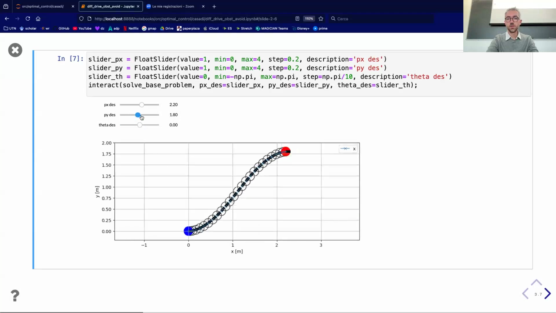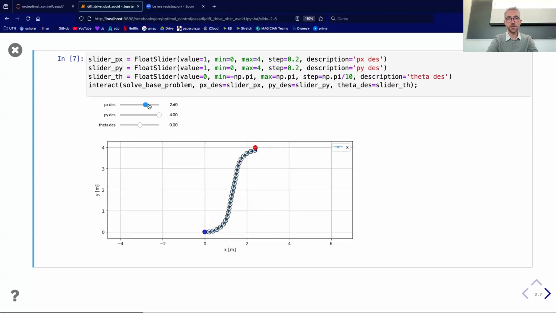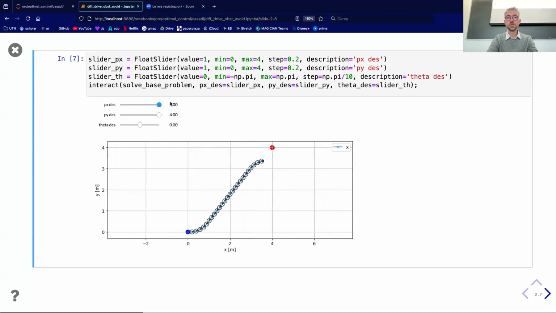So I can move the desired state very far to the top right. And if I push that to the extreme, which is to the state 4, 4, what happens? Maybe it's not clear.